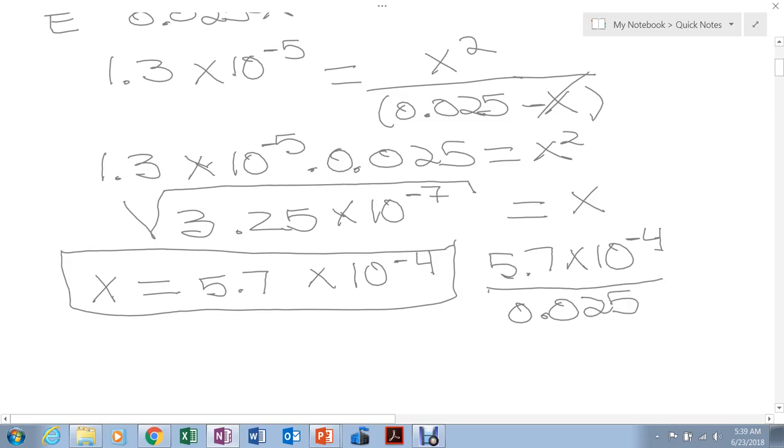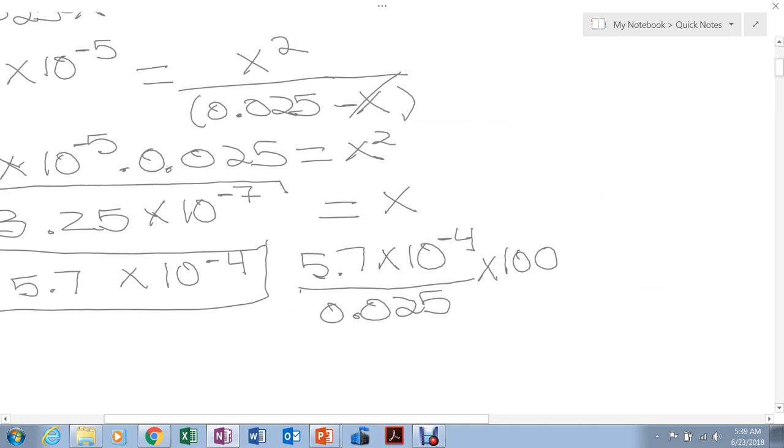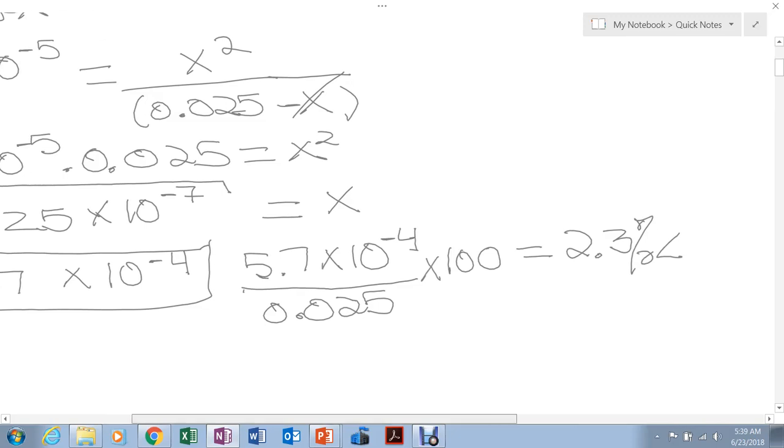This is the term, okay? Times 100 equals 2.3%, less than 5%. We don't need to do the quadratic equation.